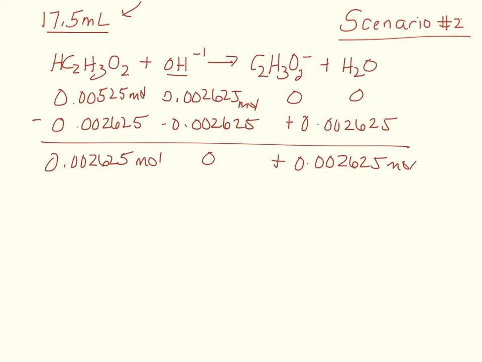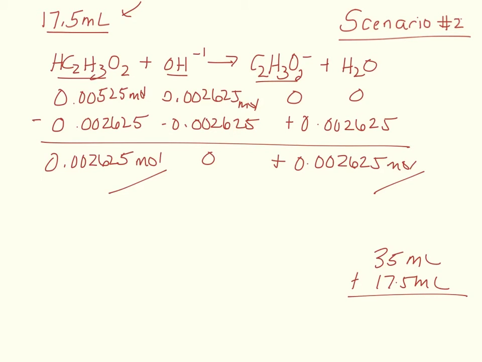I now have a buffer because I have a weak acid and its conjugate base in the container at the same time, and I've gotten rid of my hydroxide. You can put these mole values that are written here directly into Henderson-Hasselbalch to solve for the pH of the buffer. Alternatively, you can divide these both by the total volume in our container, which is now going to be 35 milliliters plus the 17.5 milliliters of hydroxide that we've added.